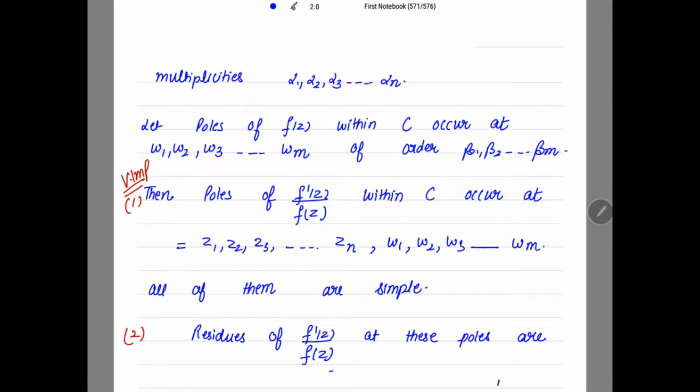Whenever we are having the multiplicities, we are having the same value of the residue of f'(z) over f(z) as the multiplicities, and we are having the values of residue of f'(z) over f(z) as the negative of the orders of the poles. So what are the total residues we are having at these points?